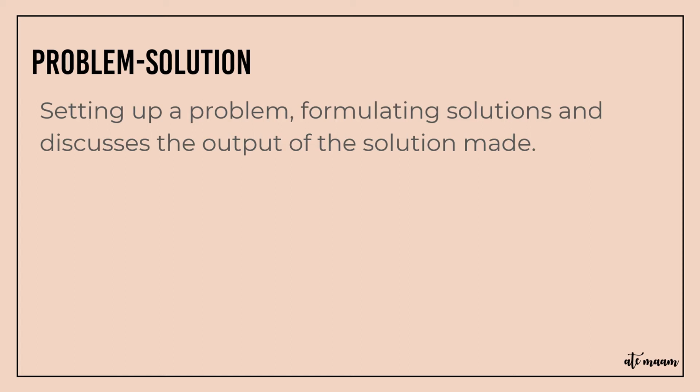You would want to inform the readers what solutions you are planning to do, discuss how you've done it, and discuss the output of your solution. So this could be used in the abstract of your research paper.